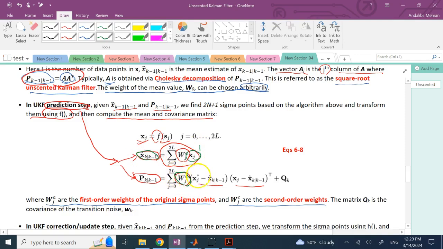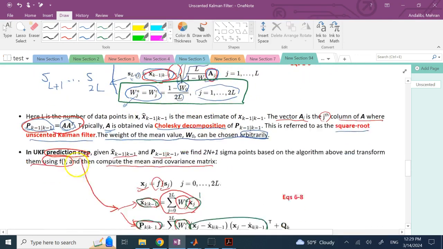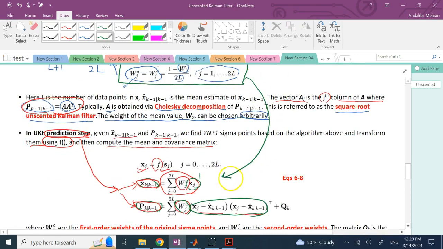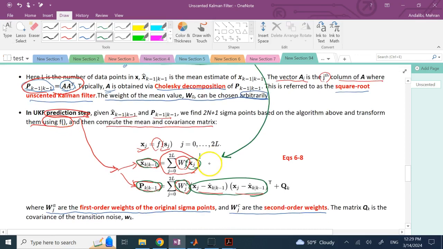The wcj's are the coefficients of quadratic terms to calculate the covariance. That's why we call them first and second order weights, and we calculate them using the formula up there. Good? So now our prediction is done through equations 7 and 8.